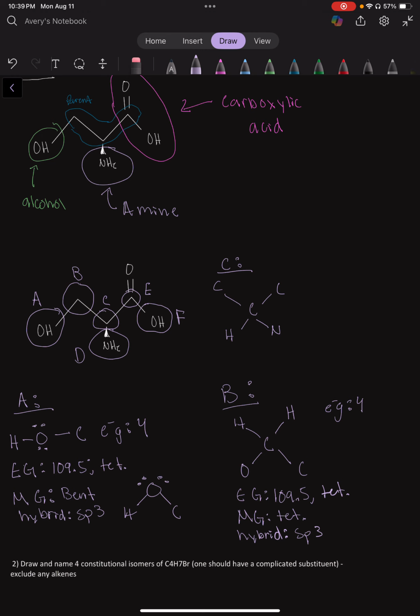So we have an electron group of 4. So now our electron geometry is going to be 109.5 degrees tetrahedral. Our molecular geometry is going to be tetrahedral. And our hybridization is going to be sp3.